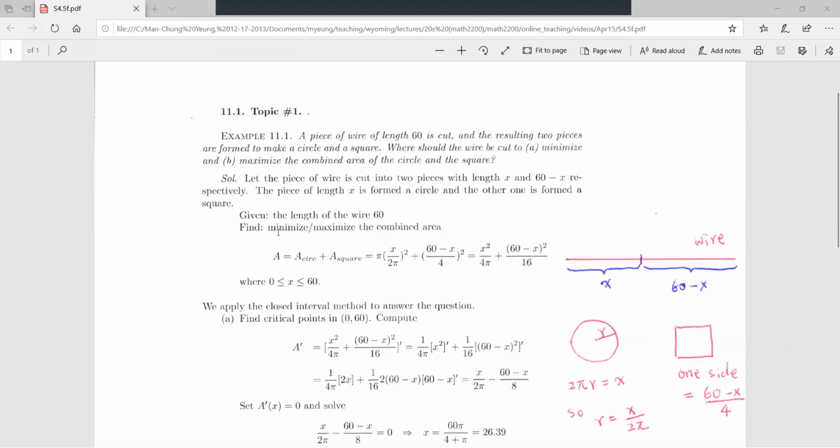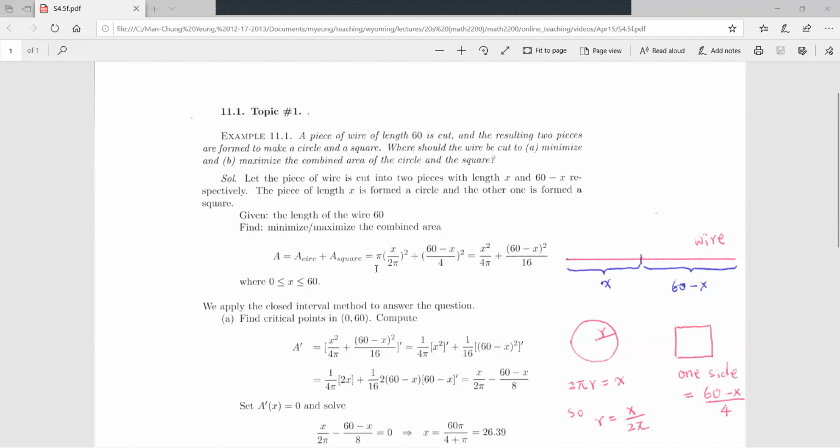What we need to do is minimize and maximize the combined area. I let A denote the combined area. It is area of the circle plus area of the square.